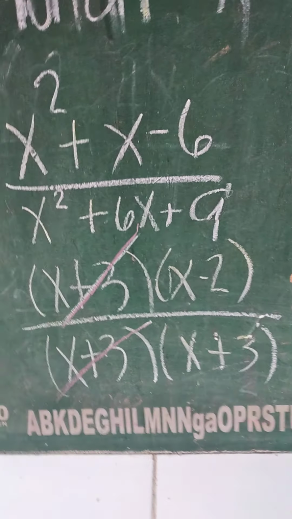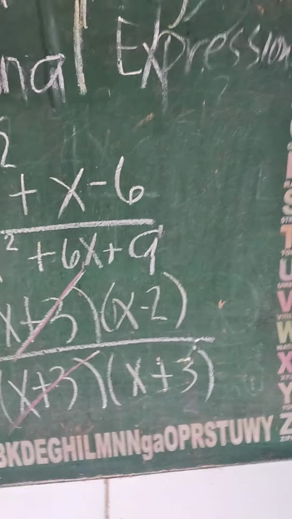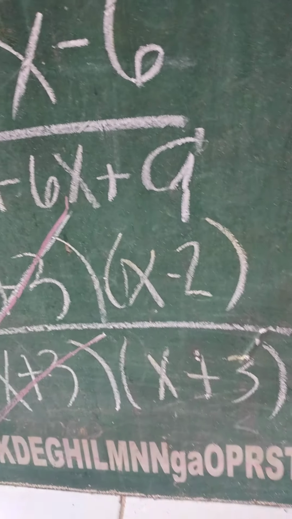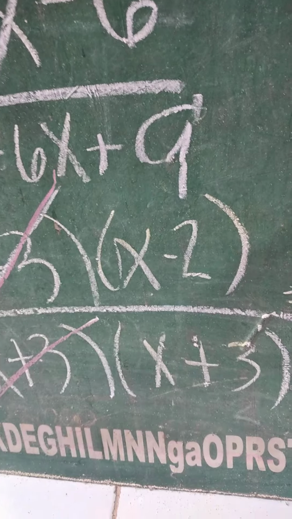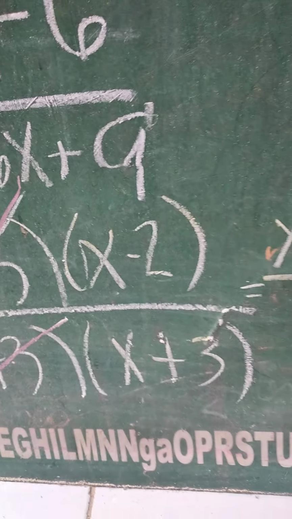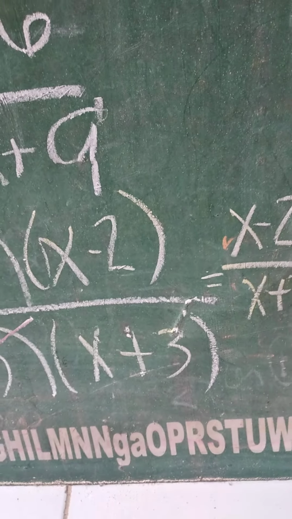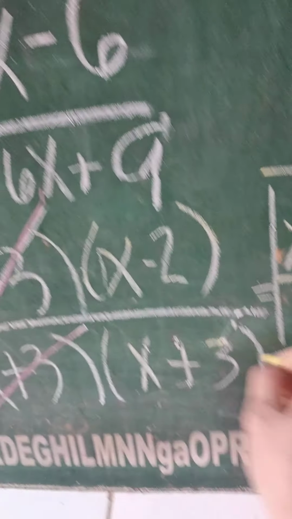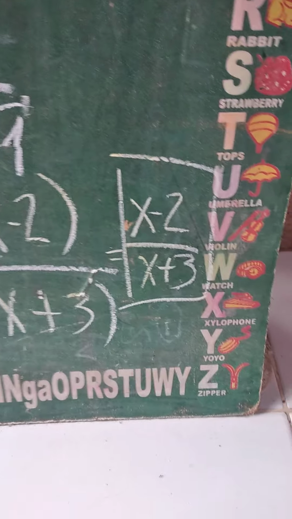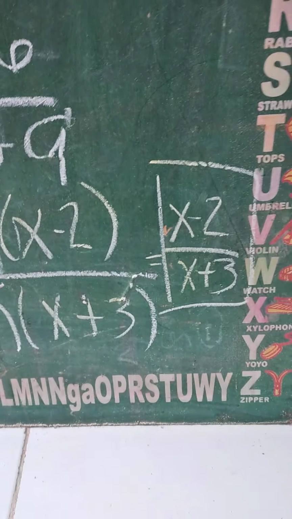And then copy or write down the remainder factor, which is x minus 2 all over x plus 3. So that's your final answer. You don't cancel x and x here anymore. Okay? Never. They are terms.